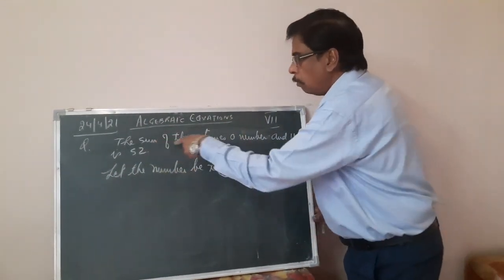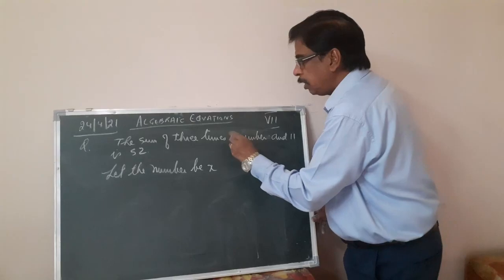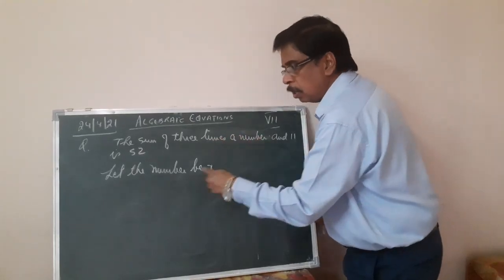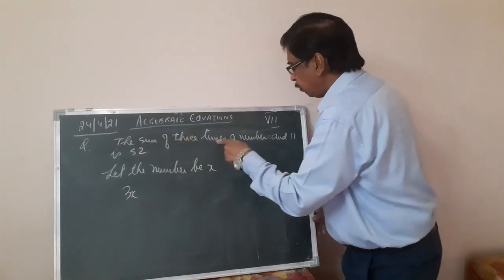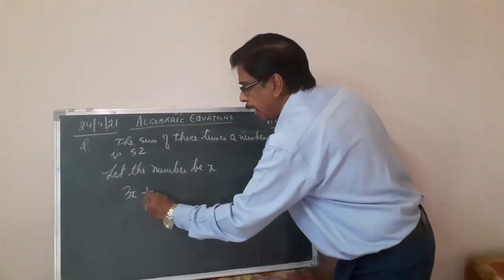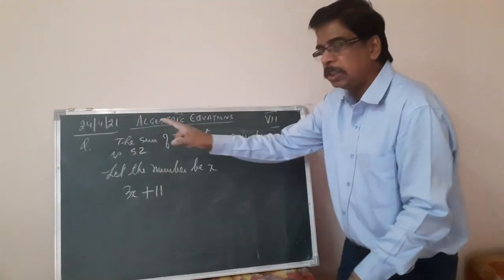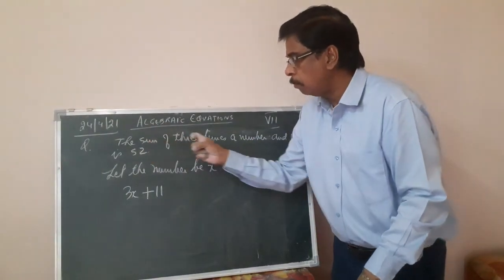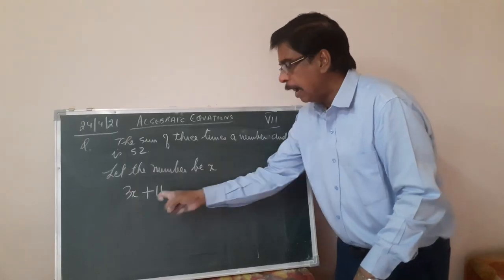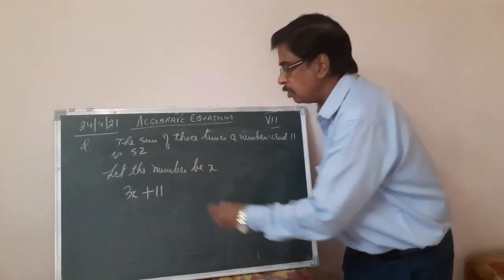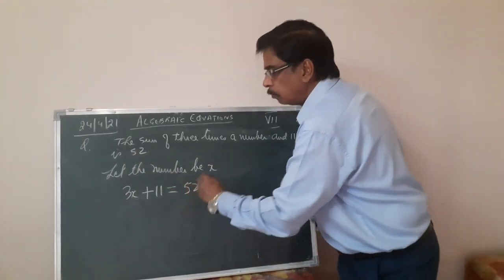Now they said the sum of 3 times a number. The number is x, so 3 times the number is 3x. And the sum of 3 times the number and 11, add 11 to it. Because it is mentioned in the question, the sum of 3 times a number and 11 is equal to 52.